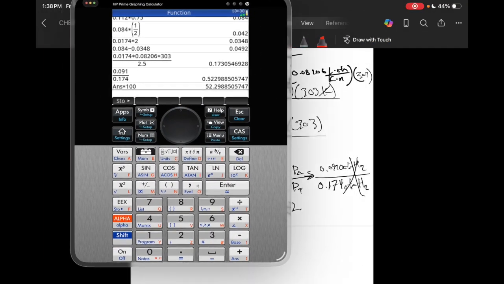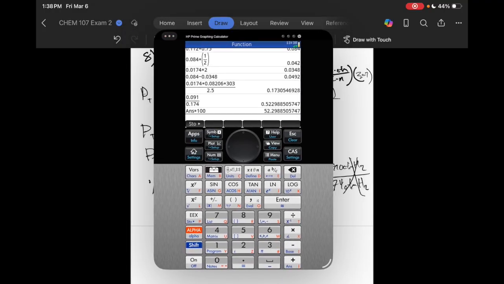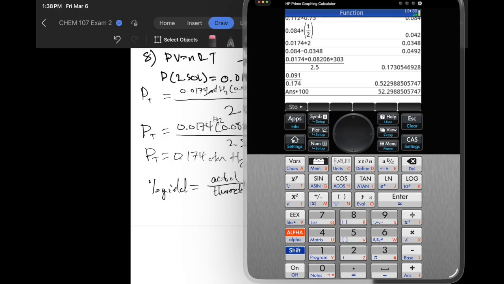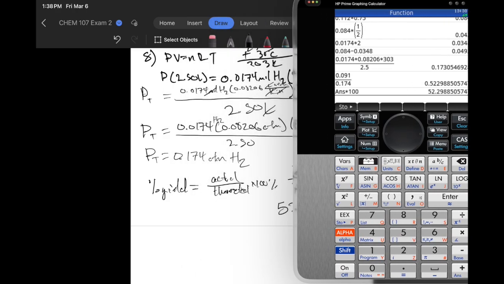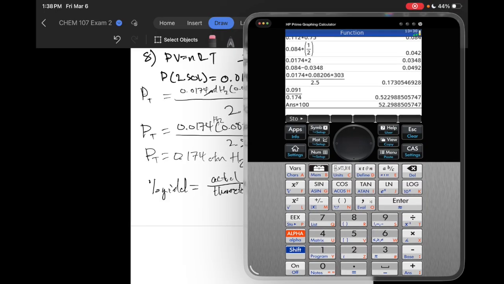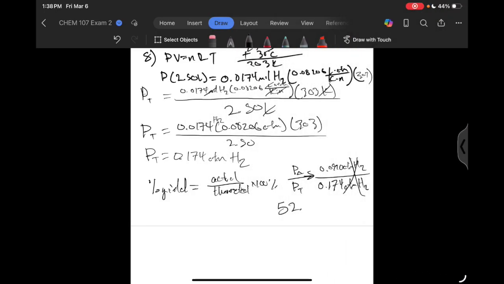Oh, I see what I did wrong. Okay, so it's going to give us... Sorry, I did this problem earlier and I got a different number, so I'm just going to double check our math.